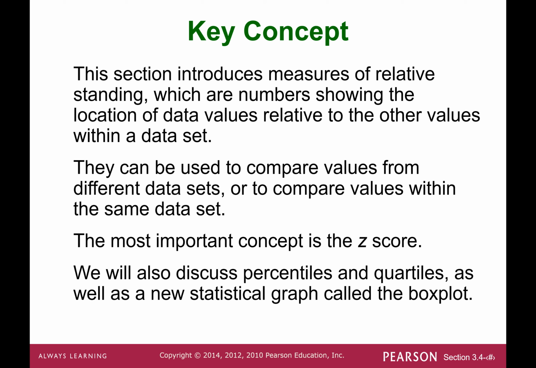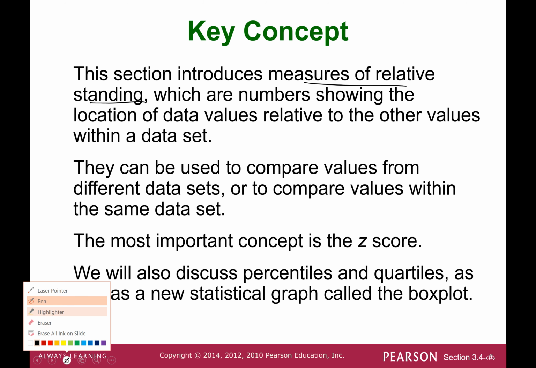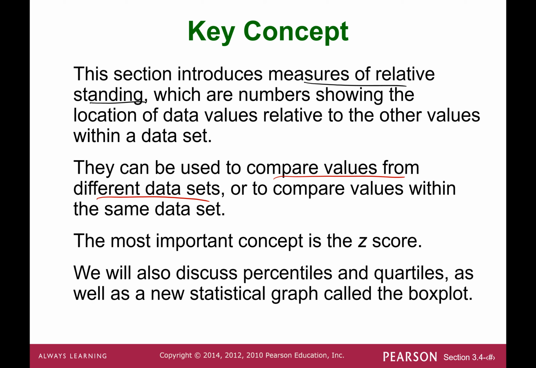All those terms are used to measure the relative standing of the data values. Again, z-score, percentile, and quartile are used to compare values from different data sets, or you can use them to compare data values from the same data set.